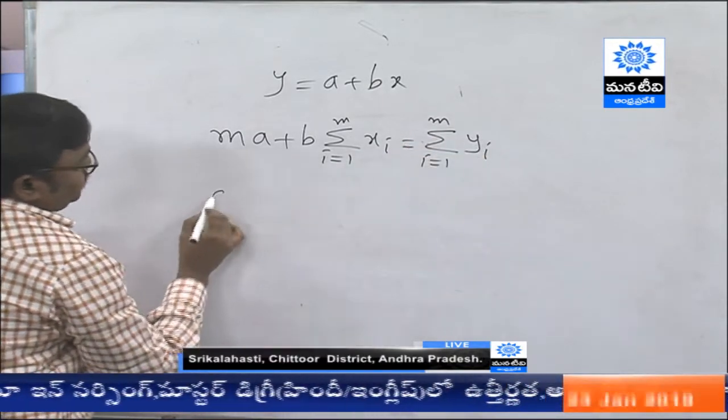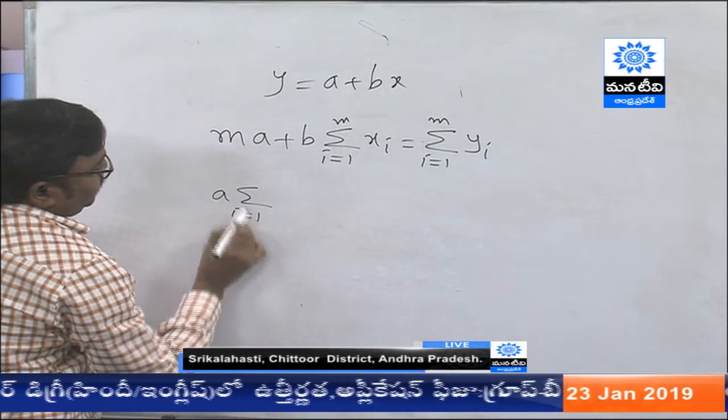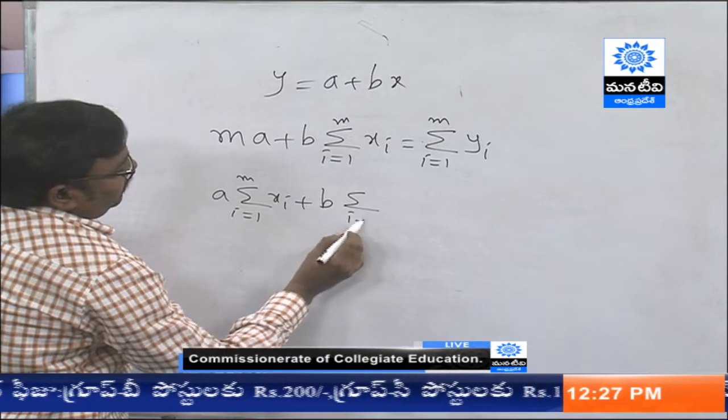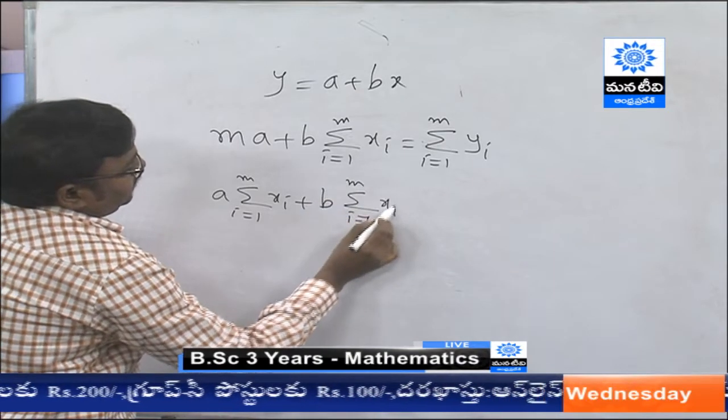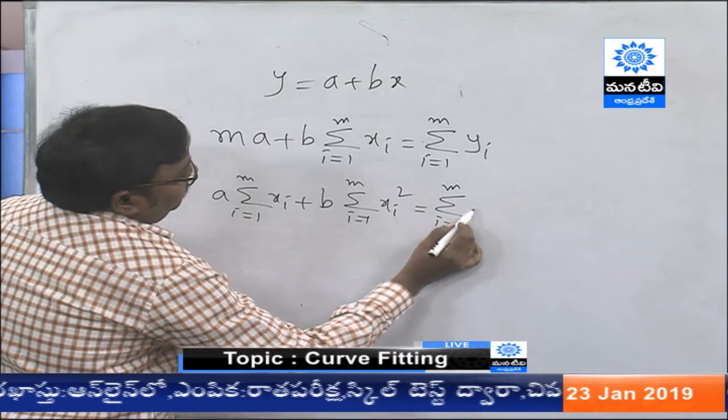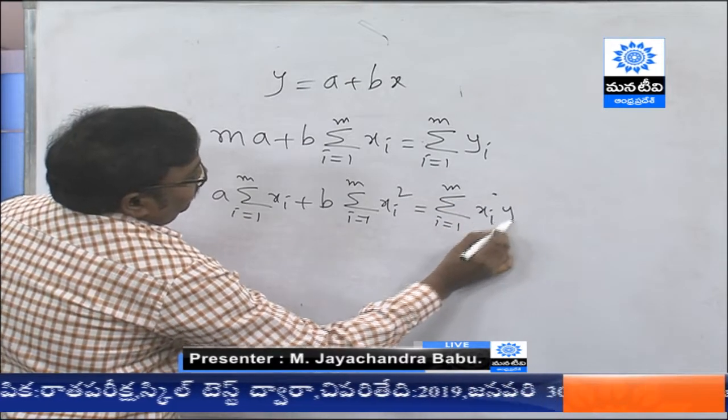Second equation is a times summation i equal to 1 to m xi plus b times summation i equal to 1 to m xi square equal to summation i equal to 1 to m xi yi.